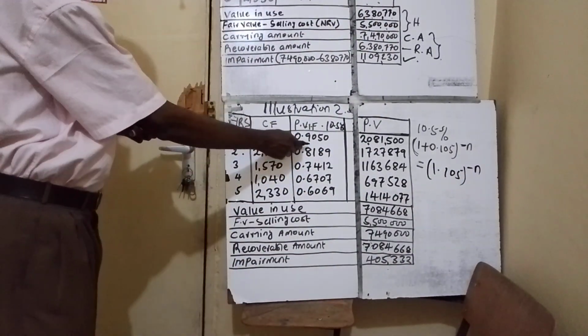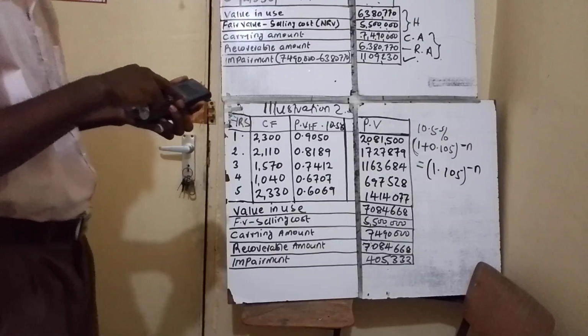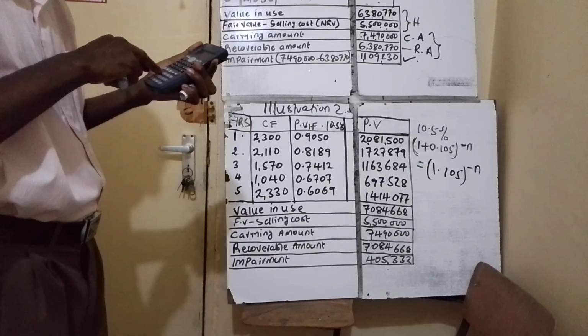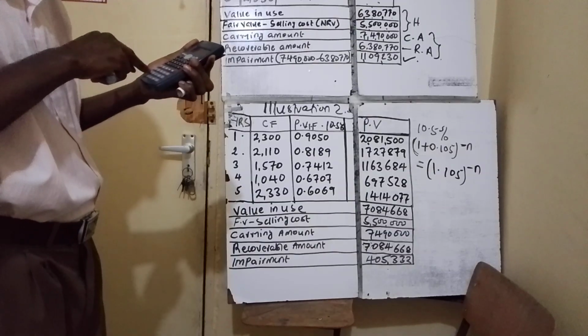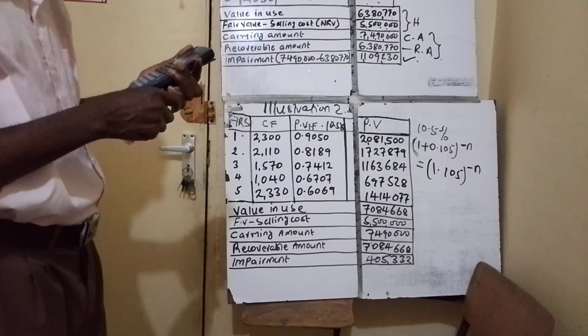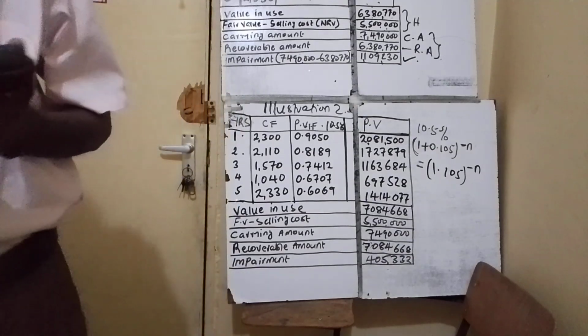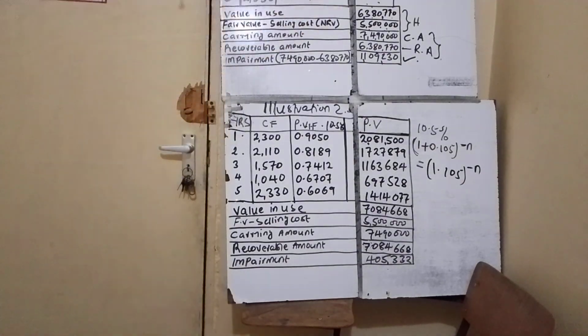Now you can try the first year. The first year will be 1.105 raised to negative 1. You get 0.9049. You can try that.